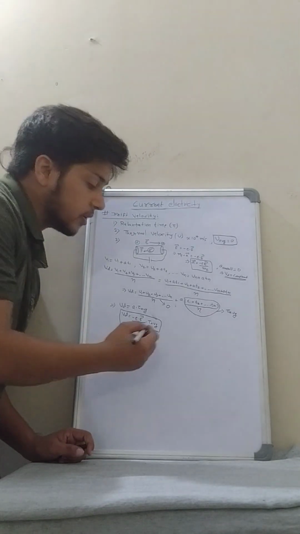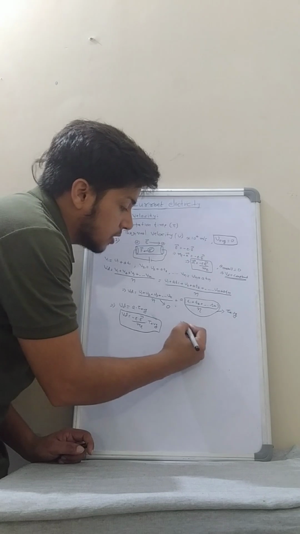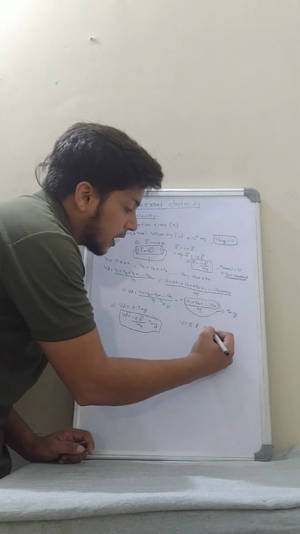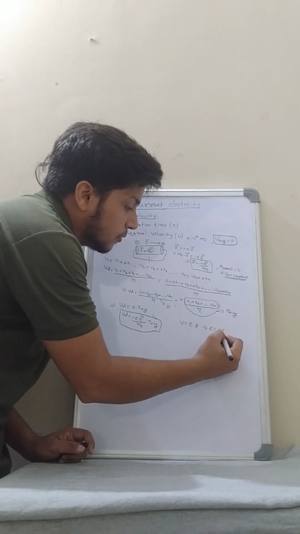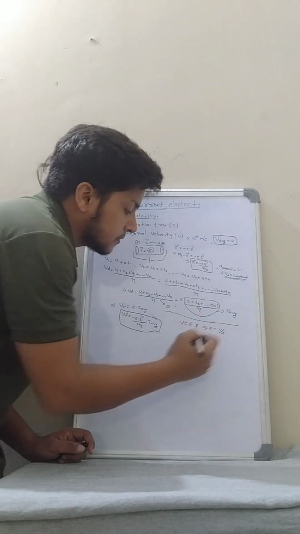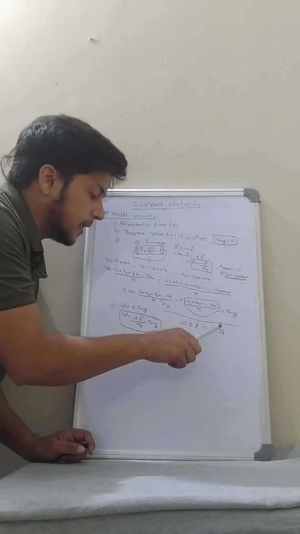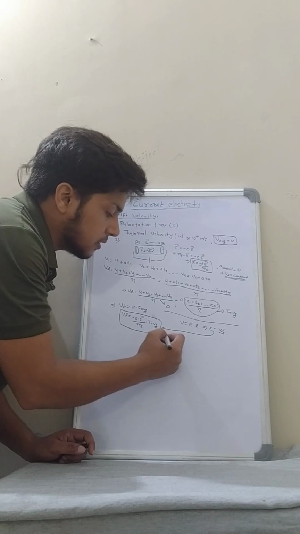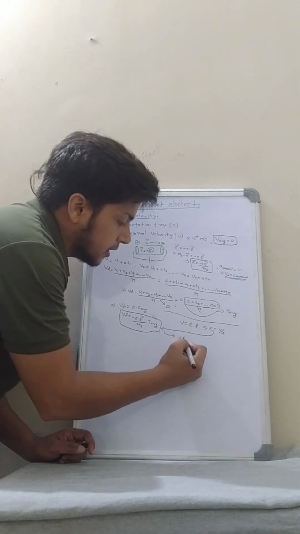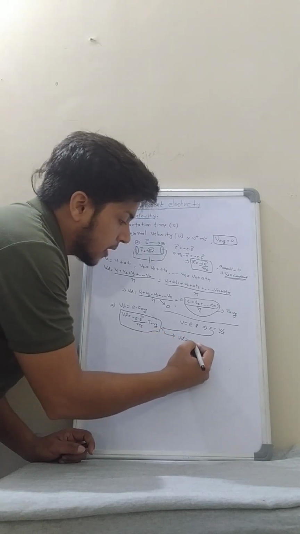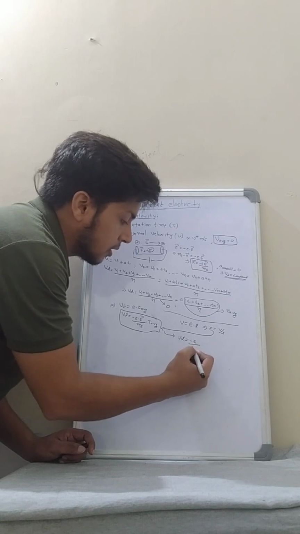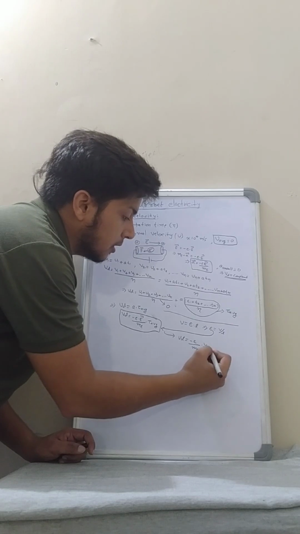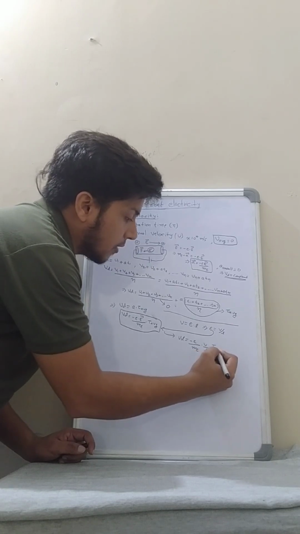You also know one formula, that is V equals E into L. So from here you can write E equals V by L. When you put E equals V by L in this formula, you will get Vd equals minus e upon m_e, V upon L, into tau average.